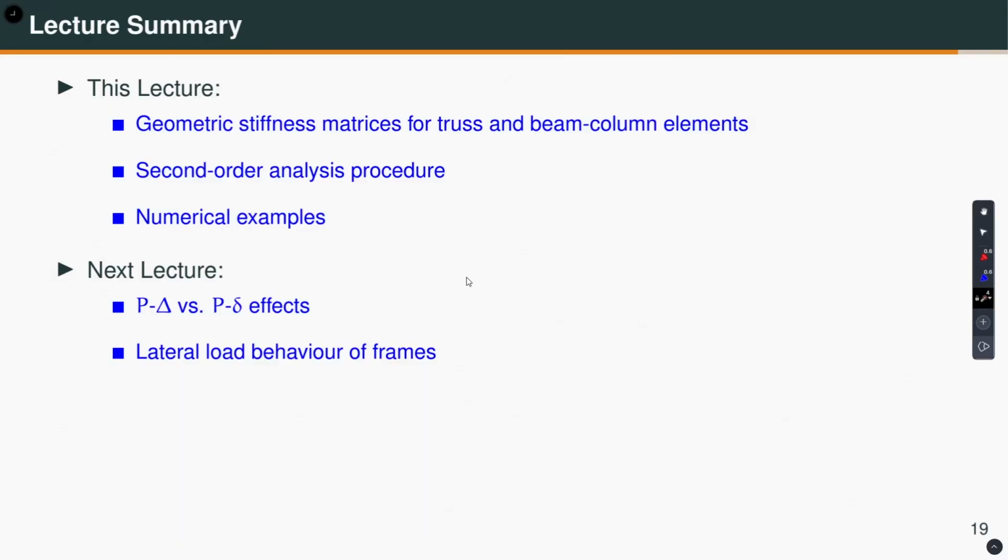Then we saw how to perform a second order P delta analysis, not large displacement, because we are considering only equilibrium in the deformed configuration. For compatibility, displacements are still assumed to be vanishingly small, hence the VR or VQ relationships are linear. We have also done a numerical example by hand calculation as well as using OpenSees.